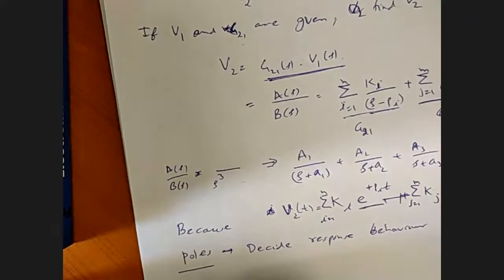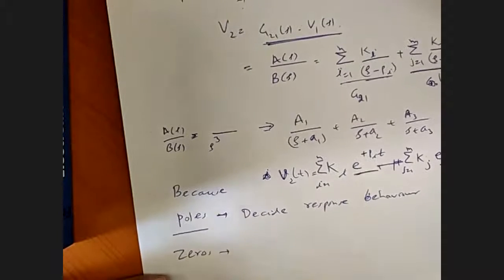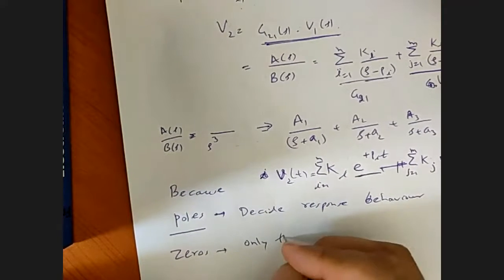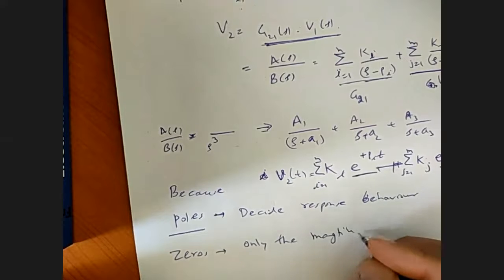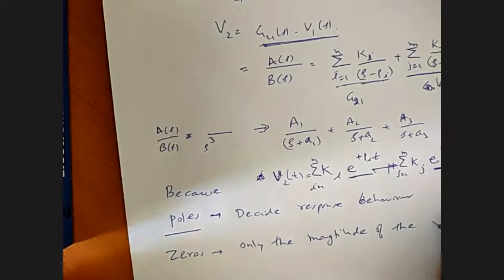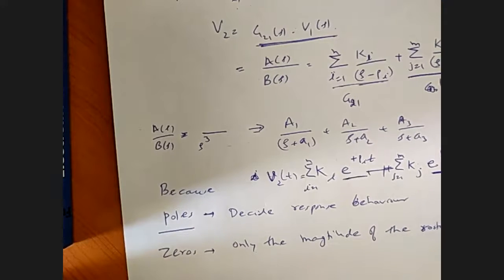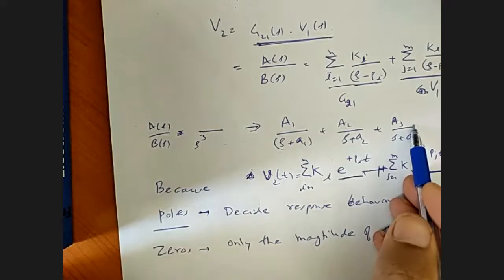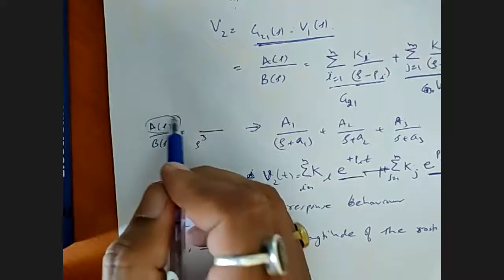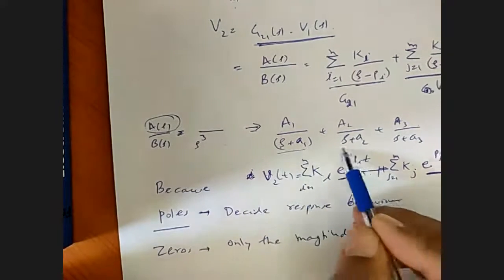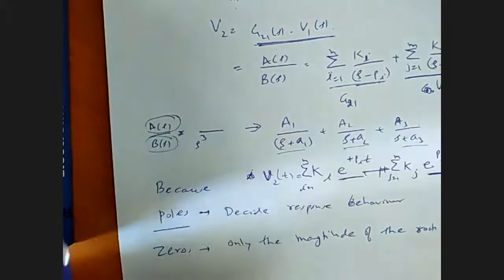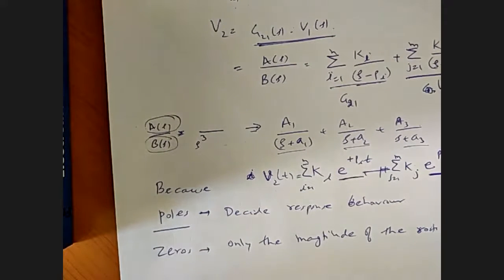And what are zeros doing? What do zeros decide? Only the magnitude of the roots. The A1, A2, A3 that we found here, who decides them? That will be decided on the basis of A(s). And (s plus a1), (s plus a2) and (s plus a3), who decides them? That will be decided by B(s). That means poles will decide how your system will behave, and zeros are only deciding the magnitude of the roots.